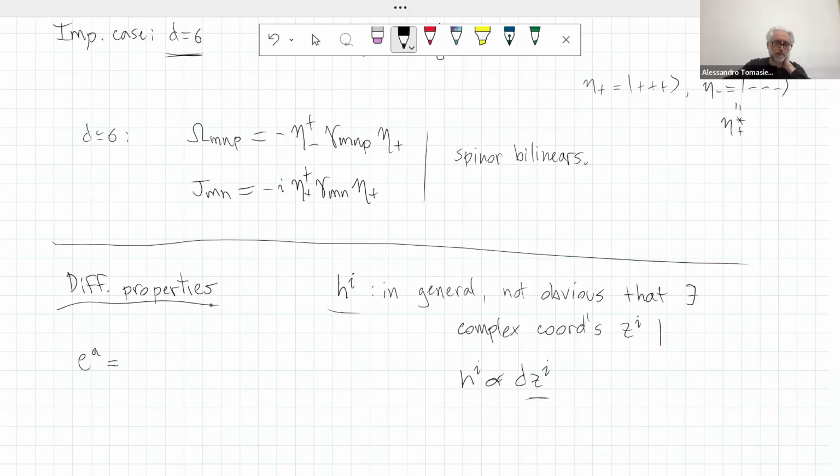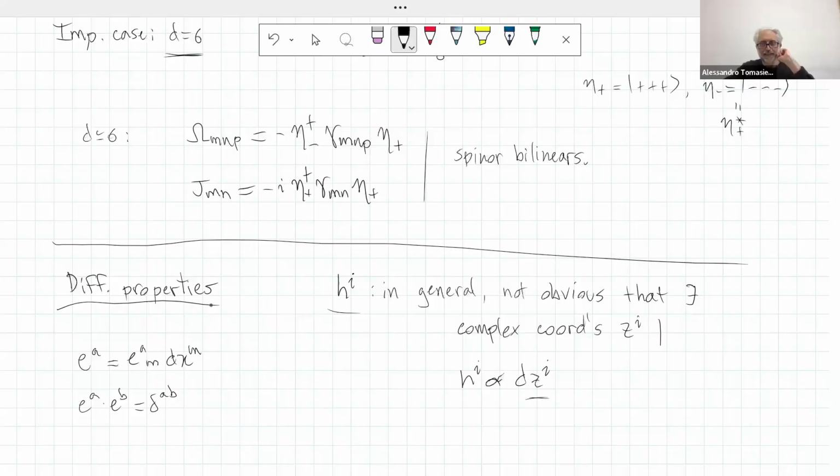Remember that the field bind are the one forms that span the field bind. So these were one forms with a special property, that you see they kind of trivialize the metric, but really they are something like this. With real coordinates, no problem.